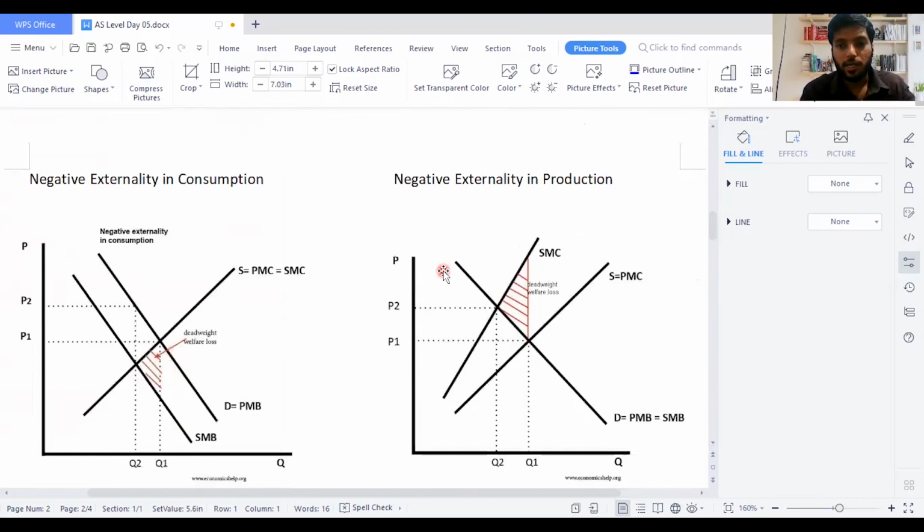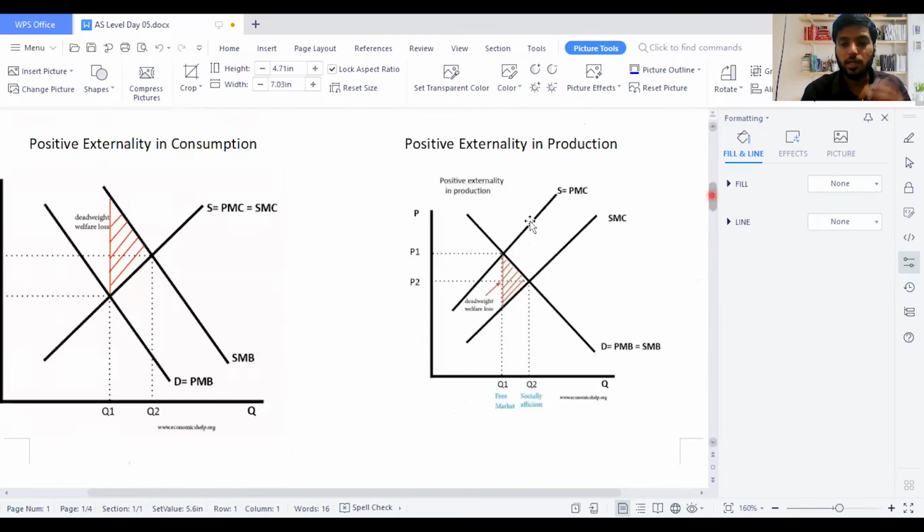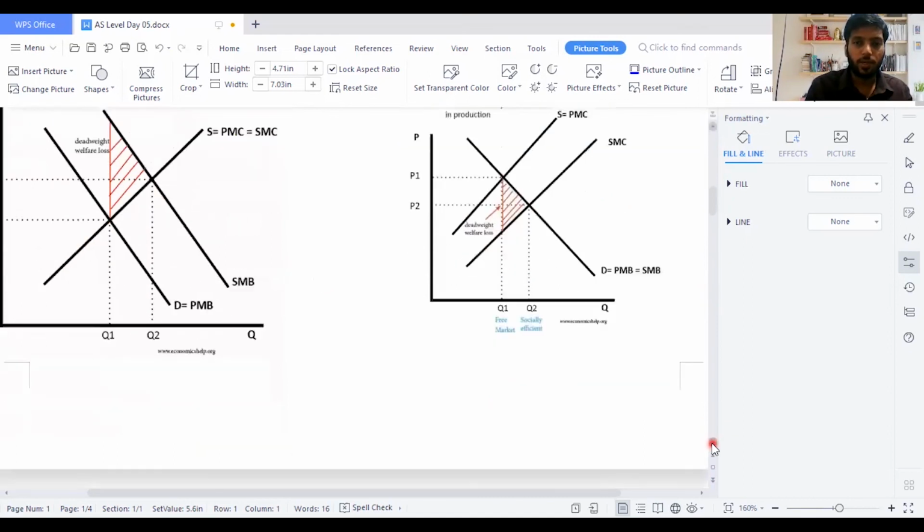Here in negative externality in production, the dead weight loss is up, and in positive externality of production, your dead weight loss is down. So knowing which side it will come and how it is caused is one of the important things you need to learn when you are attempting this. To practice, you need to know how these curves actually work. When you know how the curve works, then of course you can do better on your paper.